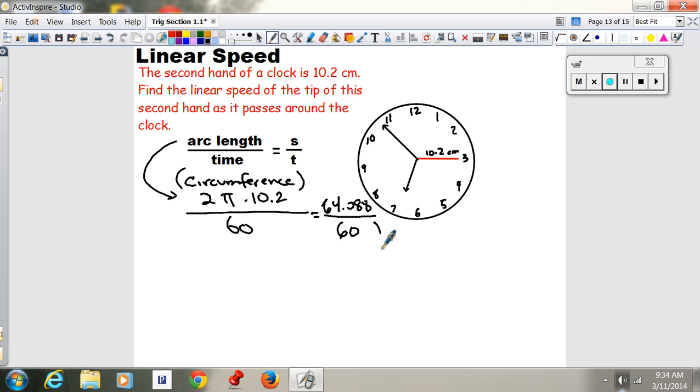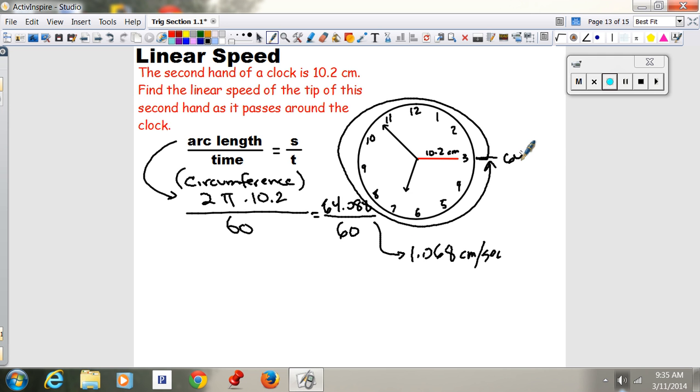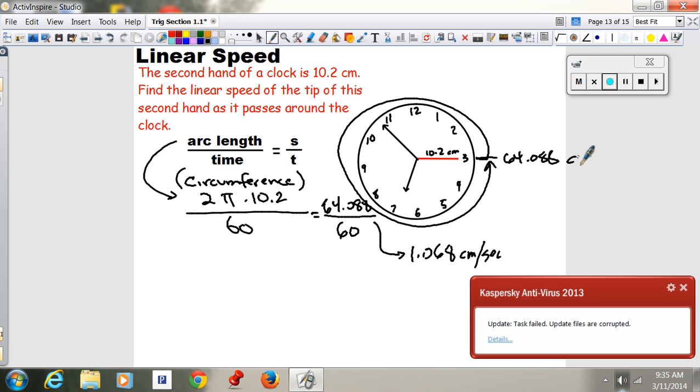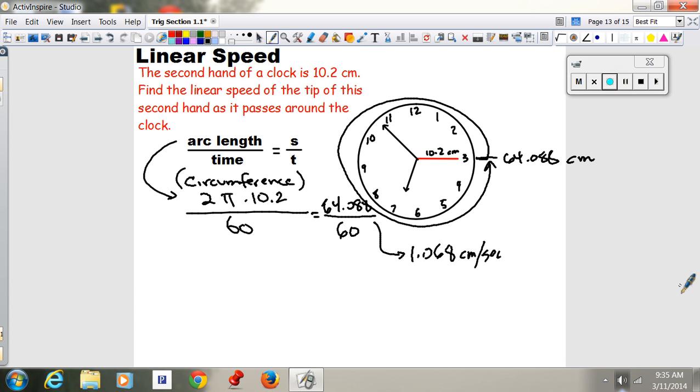That means that it's traveling 1.068 centimeters every second. If it just went 1 centimeter every second, it would only go 60 centimeters, and that wouldn't be all the way around. All the way around from here, all the way around to here is 64.088 centimeters. So it's got to go a little bit more than 1 centimeter every second.